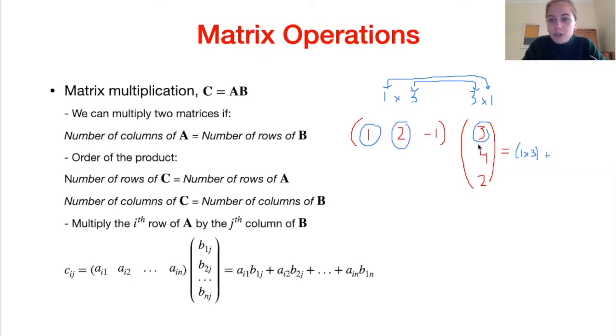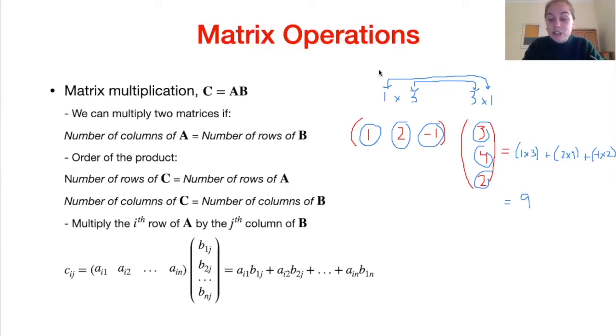So we have 2 times 4, plus the last one is going to be the third component of the ith row times the third component of the jth column, minus 1 times 2. So overall our 1 entry is going to be 1 times 3 plus 8 minus 2, so that's going to be 9. So that is our answer to multiplying these two together.